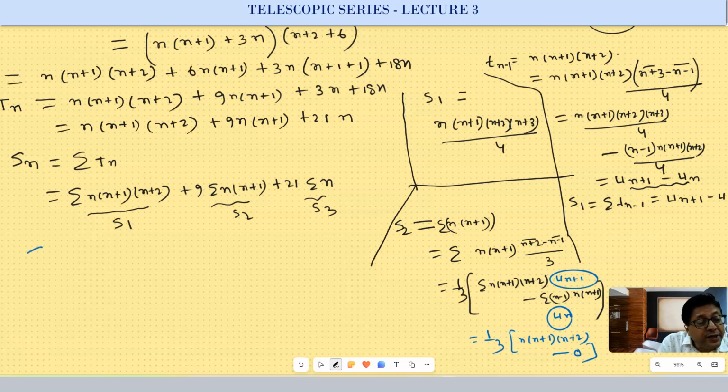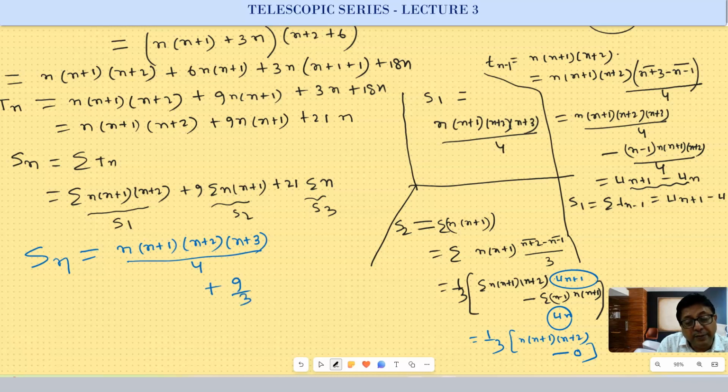So finally you got Sn equal to S1, n plus 1, n plus 2, n plus 3 by 4, plus 9 by 3, n plus 1, n plus 2, plus 20, this sigma n, all of you know, you can use the method n plus 1 by 2, that is the sum next, the sum before.